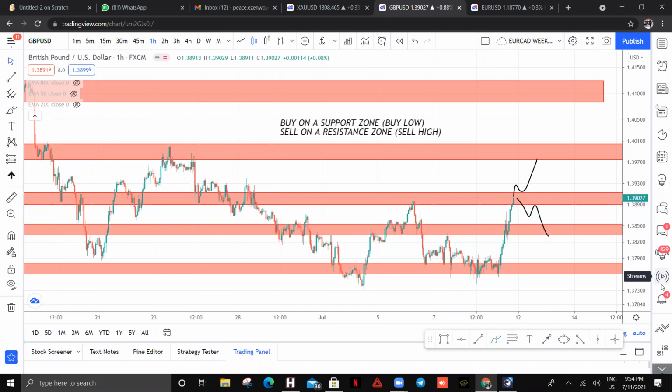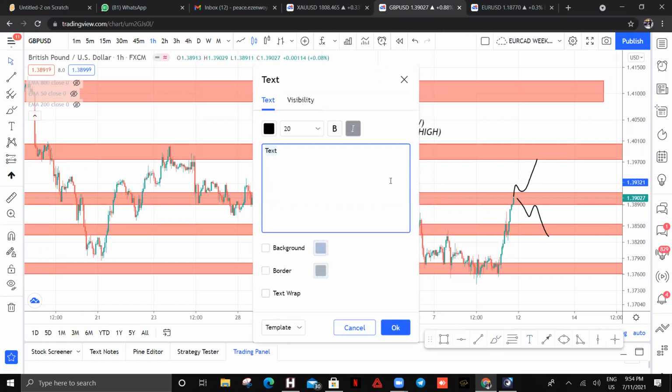So for now, no trade on GU. So the person that said GU, no trade. But if you are buying it, good. I'm sure you must have secured your profits. No trade. No opportunity.